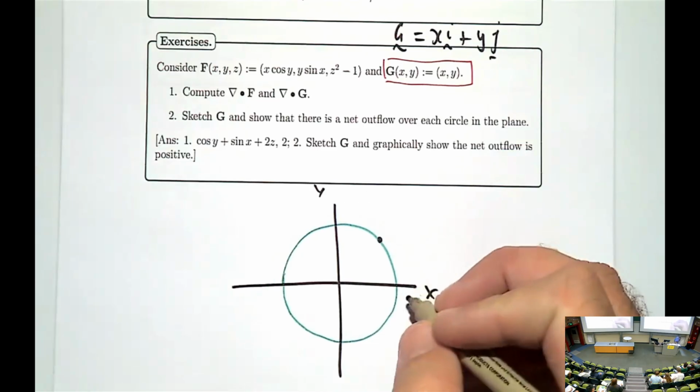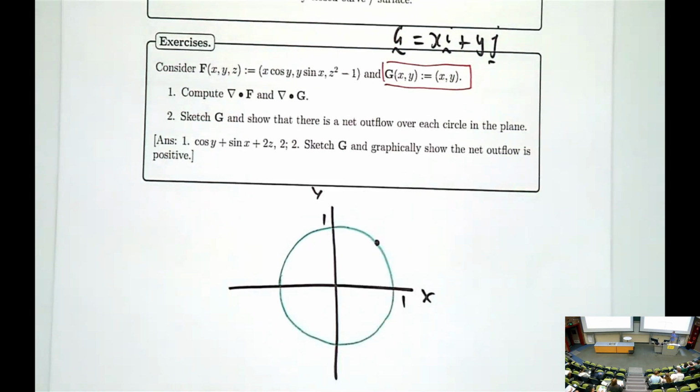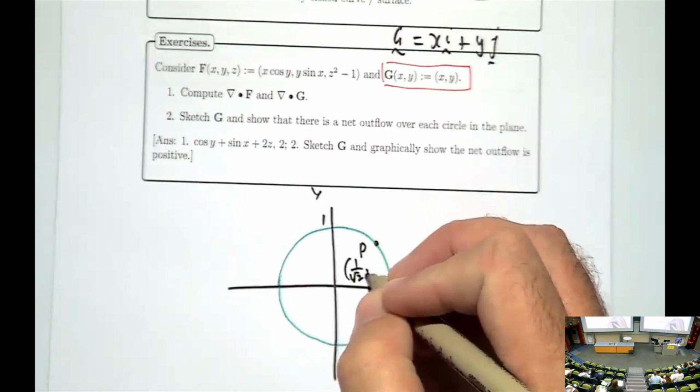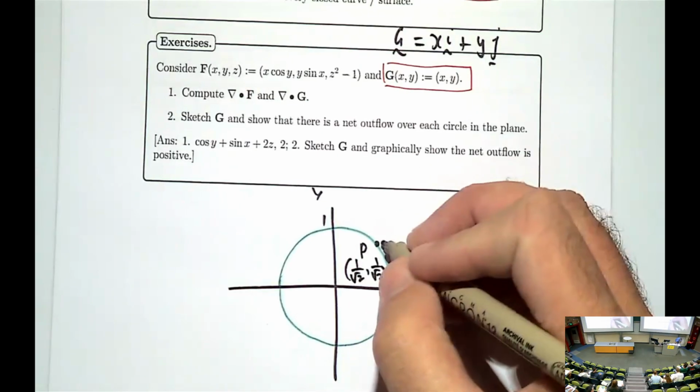What is the vector g at that point? It's going to be something like 1 on root 2 i plus 1 on root 2 j, because I'm on the circle, so x equals 1 on root 2, y equals 1 on root 2.